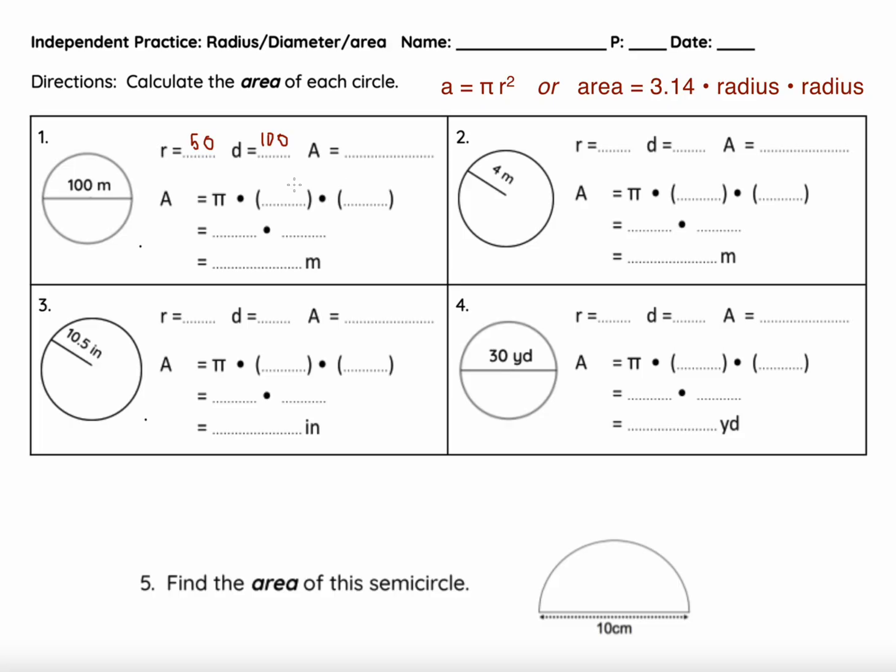Now in order to find out the area, A, I'll need to use our formula. Pi times radius, which is 50, times radius again, 50. I'll multiply these two together. 50 times 50 is 2,500.